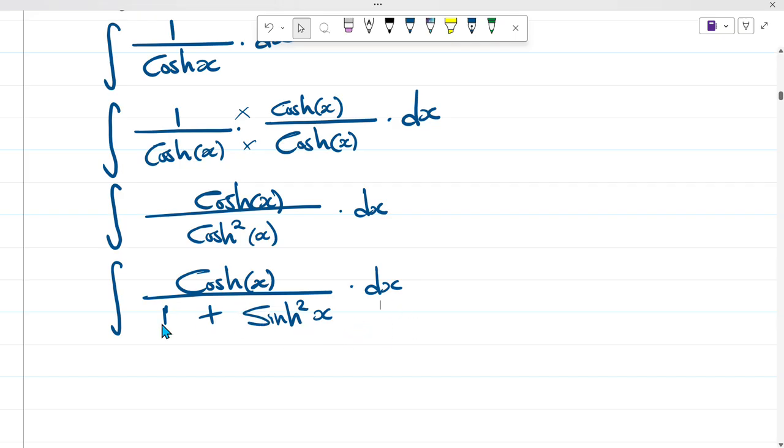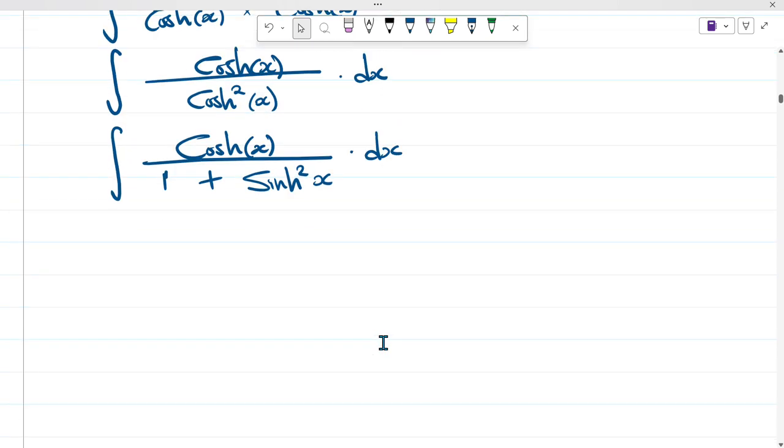Okay, so then we check: what if we let the whole denominator be f of x, can the numerator be f prime of x? No, because when we differentiate this one, we get 2 hyperbolic sine of x multiplied by hyperbolic cos of x. So it's not going to work. So what do we then do? We need to rewrite this nicely.